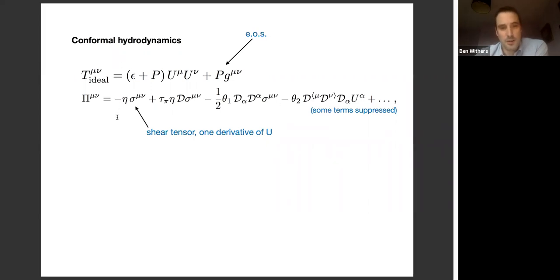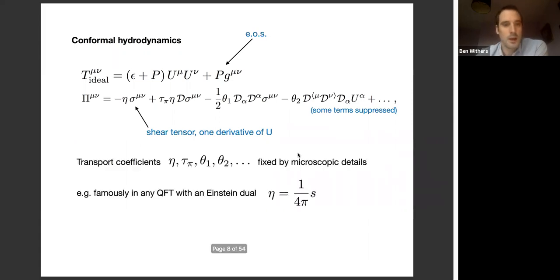But you get the idea that you can write down these terms and you give them each a transport coefficient after you fix the redundancies. And as I mentioned before, these transport coefficients are fixed by microscopic details. So if you have any quantum field theory with an Einstein dual, it is known that this is given by eta is 1 over 4 pi s for the shear viscosity.